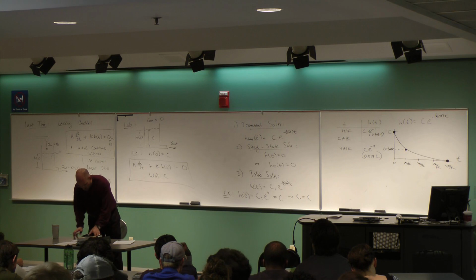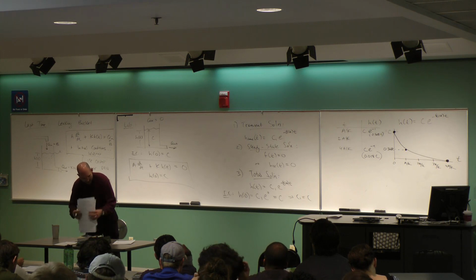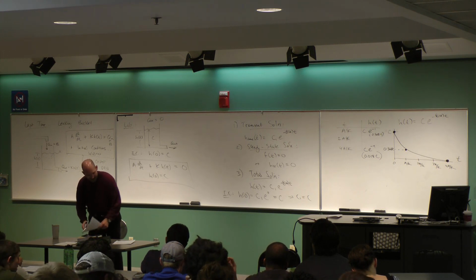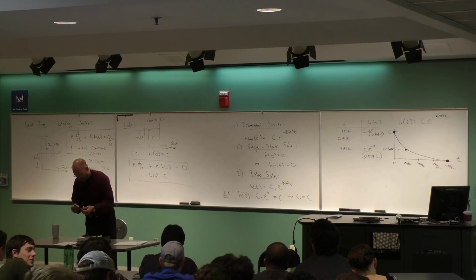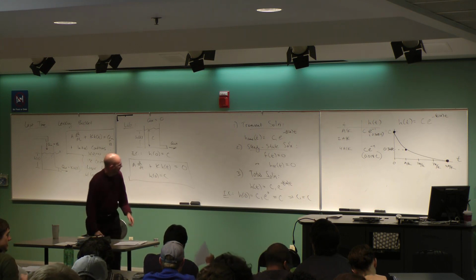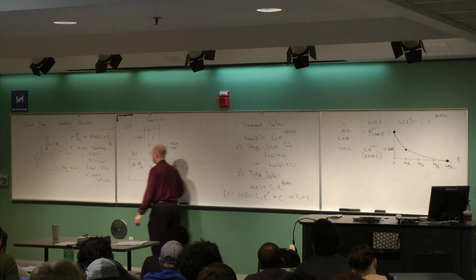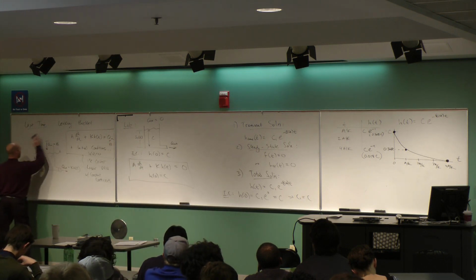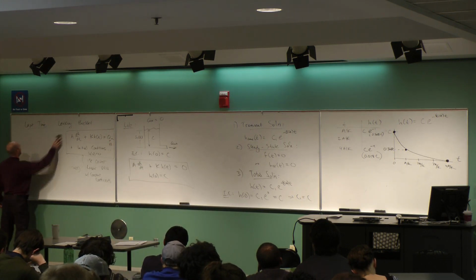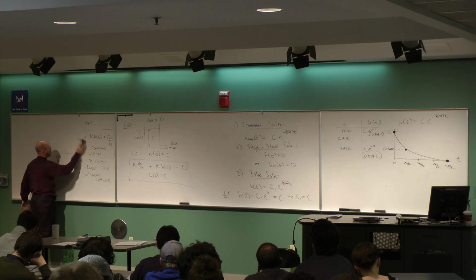Moving on to mechanical systems, which we got to start today and finish next time. This one we're going to talk about spring mass systems, which is a pretty simple piece of physics to look at, but it's got a lot of richness in the math.